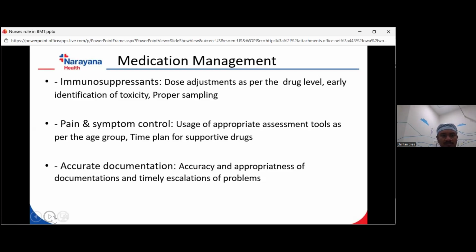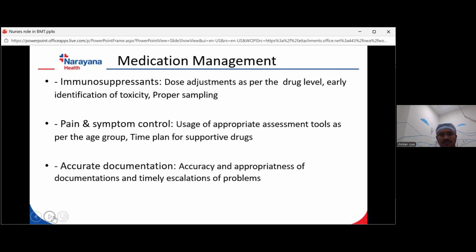And next is pain and symptom control. The patient may experience pain, and especially in the pediatric population, we need to use appropriate assessment tools for pain assessment. So the nurse must be aware of the various tools we use for pain, as well as the time planning of supportive drugs.